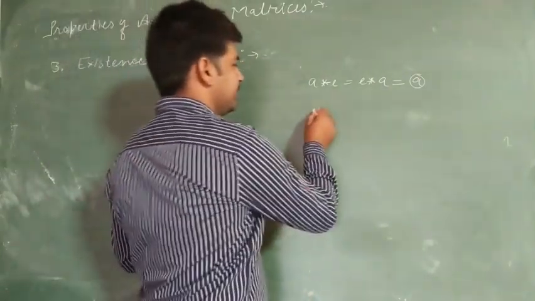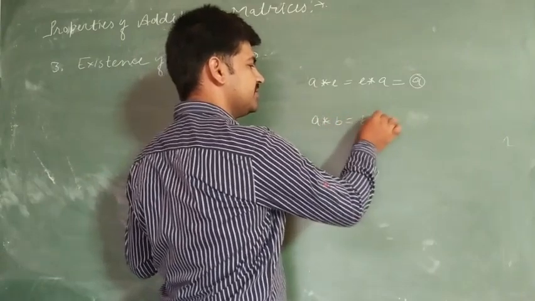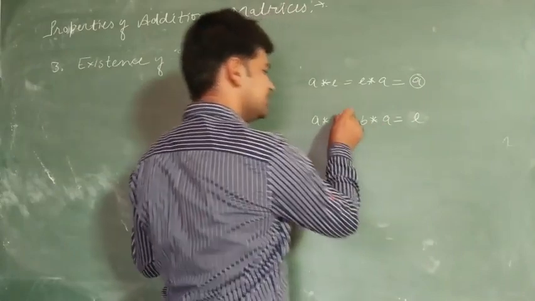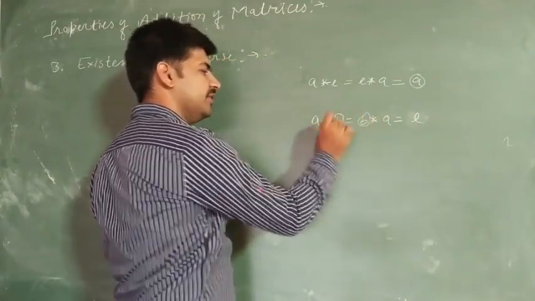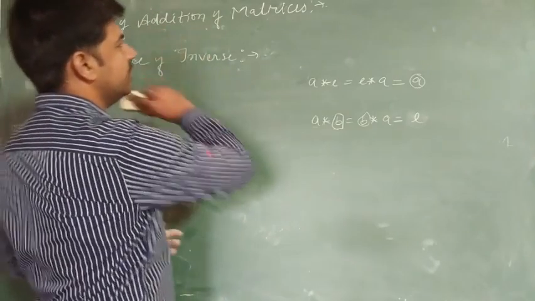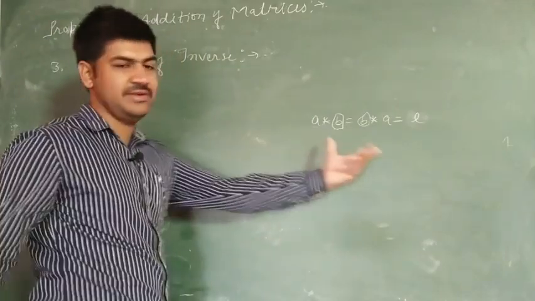And for the inverse, if A star B is equal to B star A is equal to E, then B is called the inverse of A and A is called inverse of B. So here for addition of matrices, this was for your explanation only.